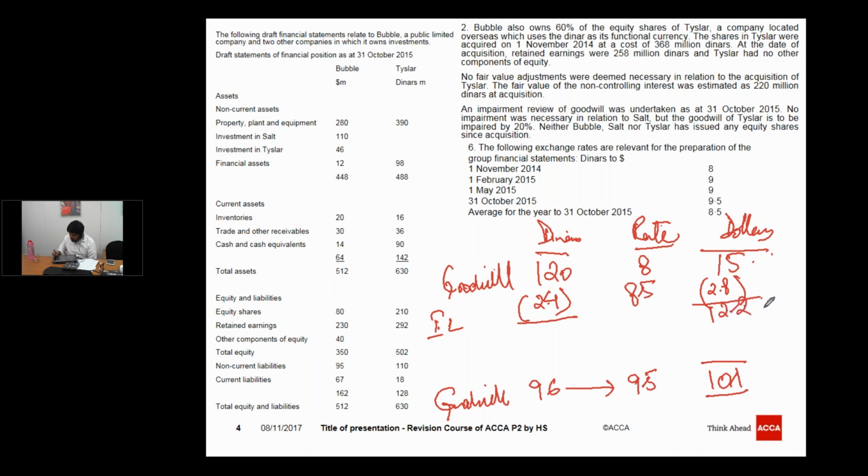So actually the goodwill at acquisition after deduction of the impairment loss is 12.2, but according to the closing rate it is now 10.1. So there is a loss in the value of the goodwill due to exchange rate movements. This exchange rate loss should be reported in equity as the exchange rate losses.